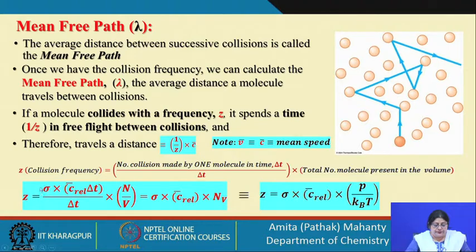The collision cross sectional area is usually given by pi d square, multiplied by the length of the tube through which it is going to sweep. So, a molecule with diameter d will sweep a volume corresponding to this. This is pi d square, and since they are traveling with the mean relative speed c_rel, the total length of the tube is c_rel into delta t.